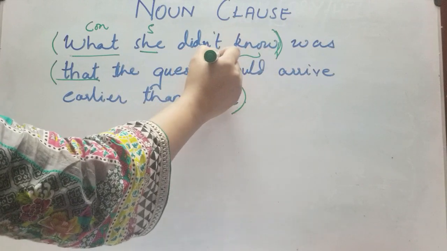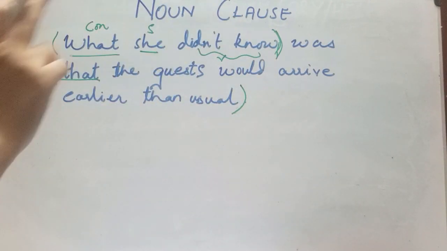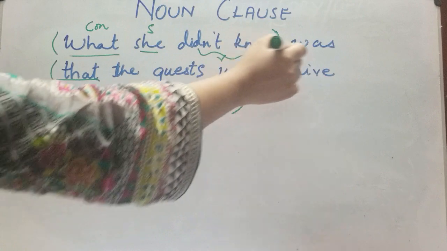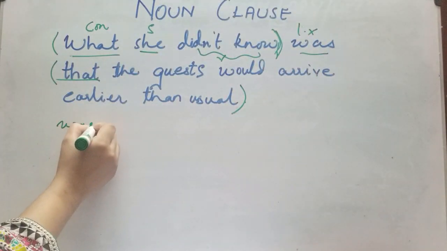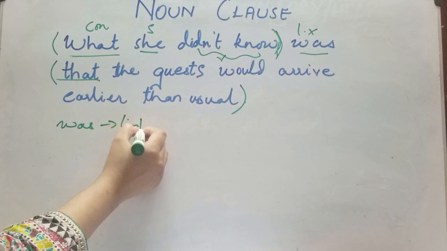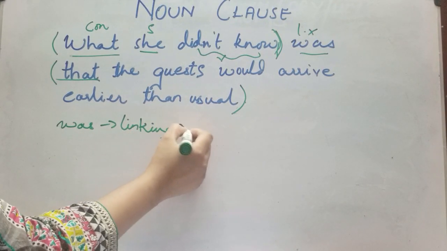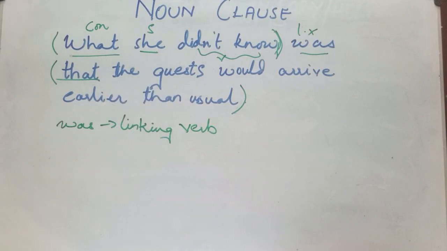We'll say it just as a verb. Was over here is acting as a linking verb that connects the next part, and that is, that the guest would arrive earlier than usual. So you have got two noun clauses here.